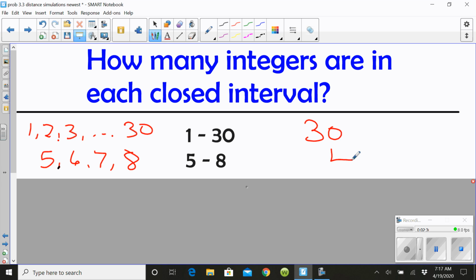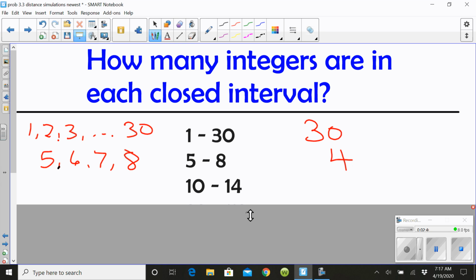There are 4 integers in that interval. How about this one? Well, I hope now you're catching on. There are 5, right? 10, 11, 12, 13, and 14.